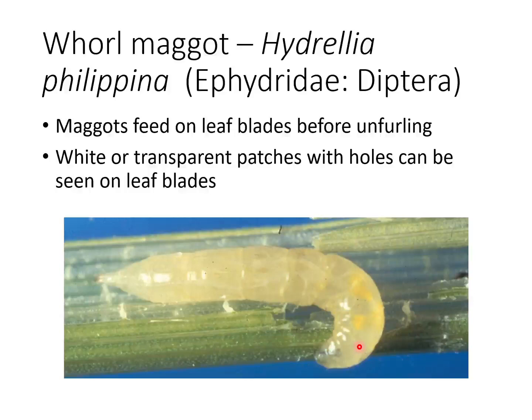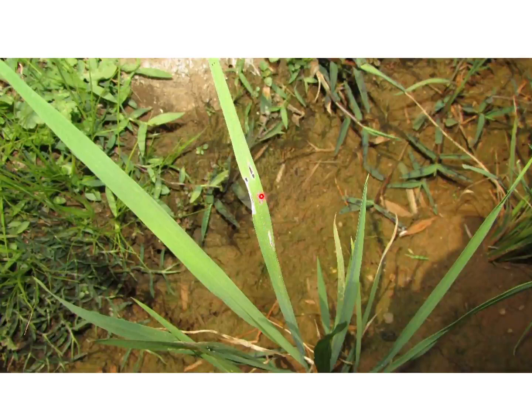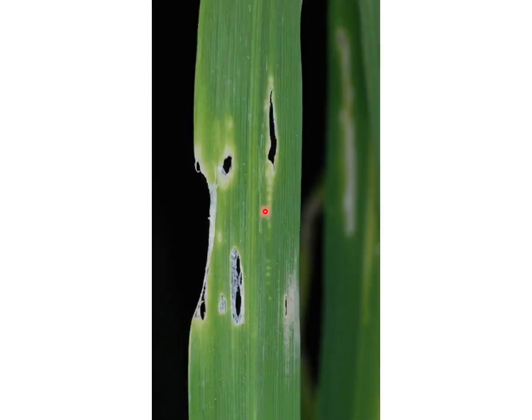And because of the feeding of the maggot, we can see white transparent patches on the leaf. You can see rice plants with leaves like this, white transparent patches. That is due to whorl maggot. You can see clearly white transparent patches on the leaf with holes. That is because before opening up, the leaf blades will be fed by the maggots of whorl maggot, Hydrellia philippina.